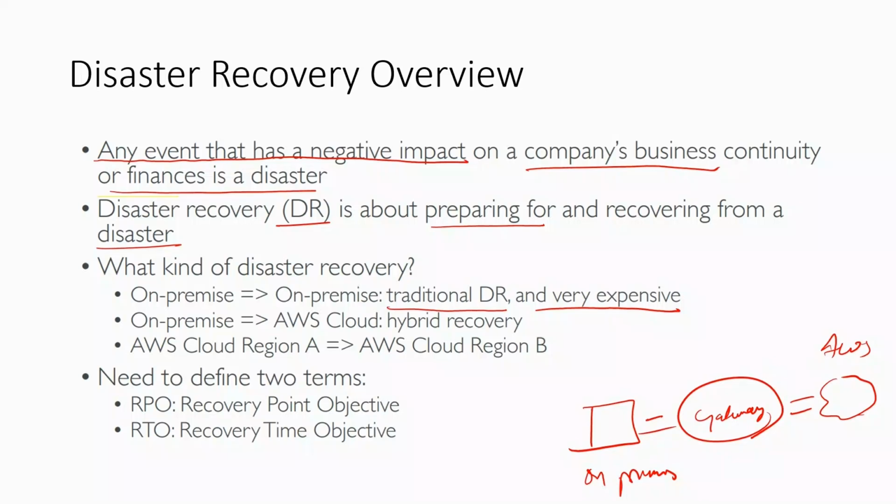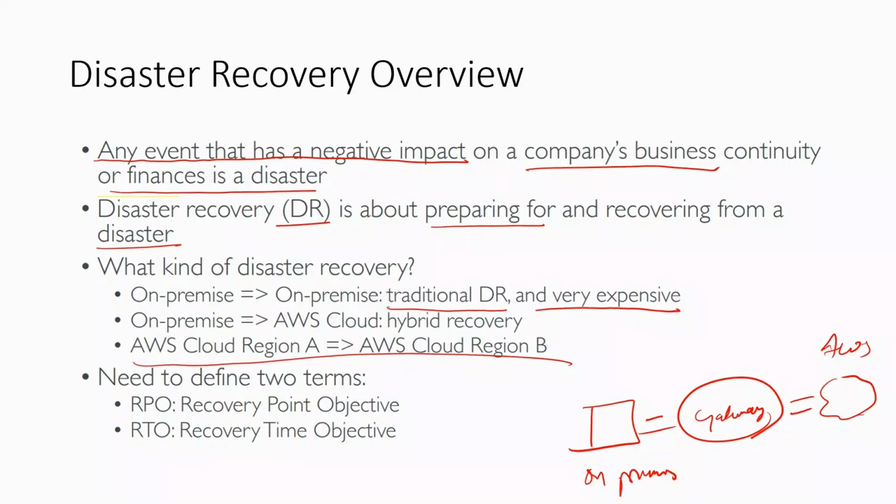Some of the recovery you need to do from your on-premises, and some can be done from the cloud. It's a better approach. Then there's the complete cloud, where you keep a backup of all your data and your applications in a separate region itself. If one region goes down, we just take that and put that as the master setup. There are a lot of strategies, and I'm going to discuss those strategies in this session.